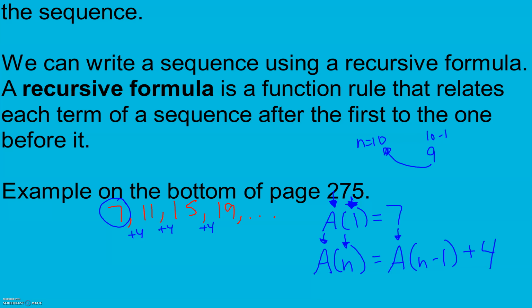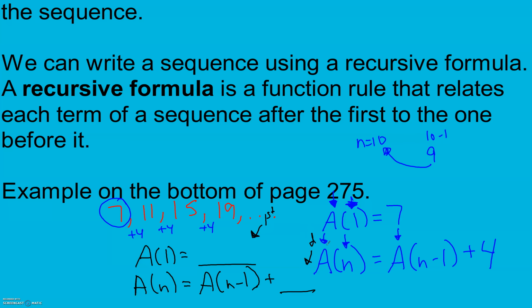So our framework that we're going to have every time with a recursive formula: A of 1 equals our first number, and A of n equals A of n minus 1, which means the value of any term is going to be the value of the term before it plus our common difference. So here again we put our first term, here the common difference.